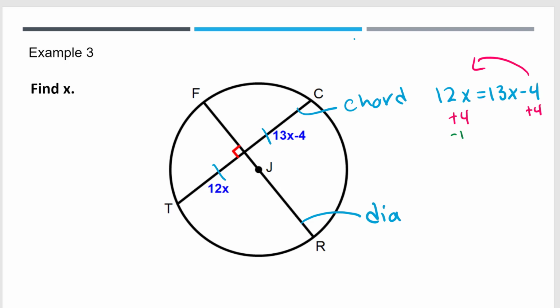And I'll subtract 12x from each side to bring the x to the right-hand side. And I do it this way because I like to keep my x's positive. So by doing this, I have 13x minus 12x on the right-hand side, which gives me positive 1x, and then positive 4 on the left-hand side. So x is equal to 4.